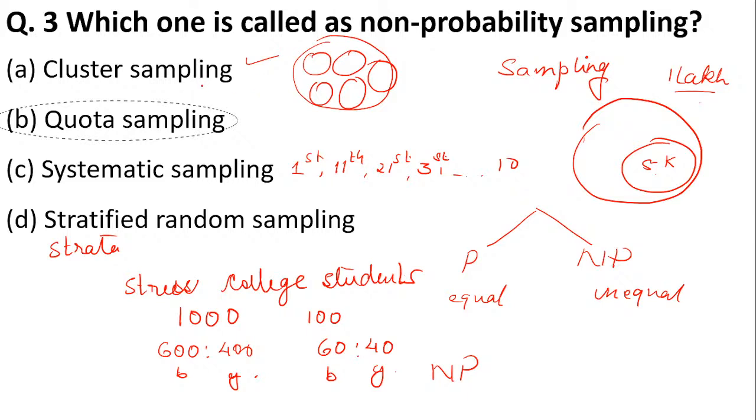In cluster sampling, you divide the population into clusters and then take the sample. The difference between them is that in cluster sampling, when you divide the population into clusters, you pick any one cluster.